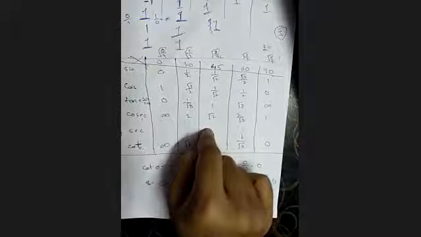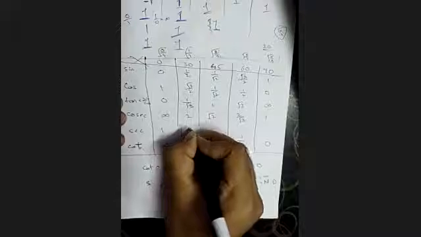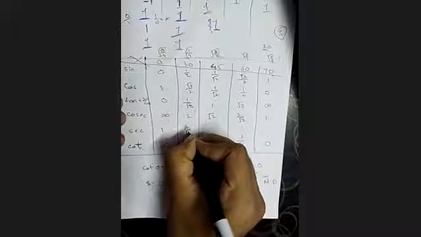Secant will be the reverse of this: 1, root 3 by 2, 1 by root 2, 1 by 2, 0 wait, i.e. 1, 2 by root 3, root 2, 2, to infinity or undefined. Understood?